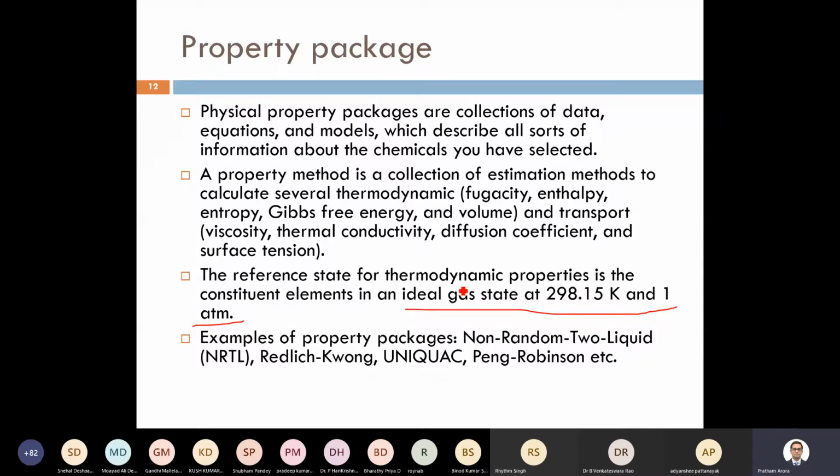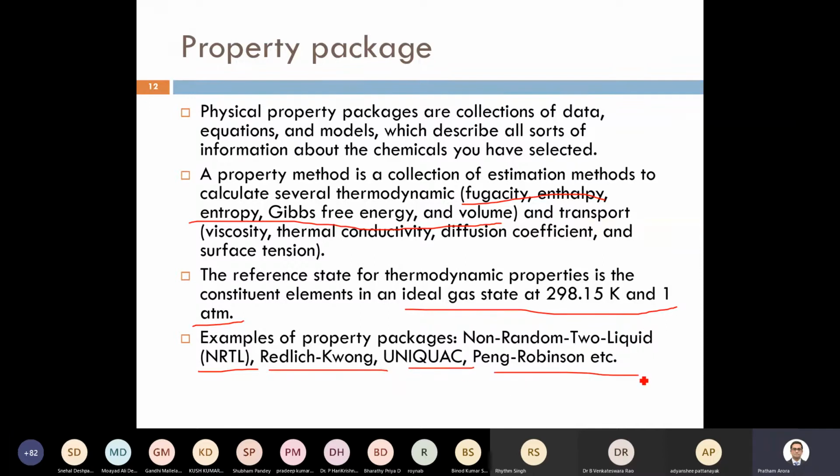For them, we have different thermodynamic models, which depend upon the fugacity, enthalpy, entropy, Gibbs free energy, and volume. We won't go into the details of all these things again, but they are collectively called a thermodynamic property package. Some examples are NRTL, RK or Redlich-Kwong, UNIQUAC, and Peng-Robinson.